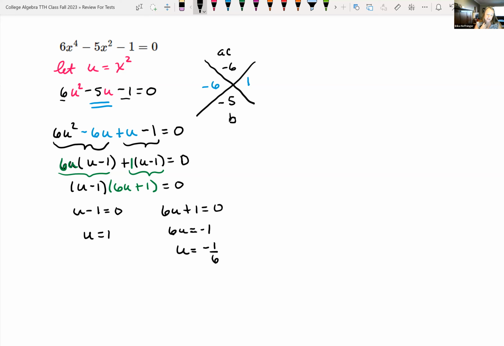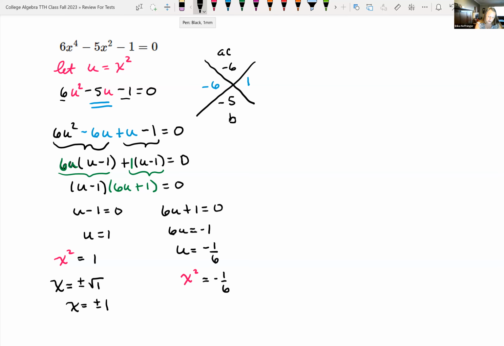But again, we want to know what x is and not u. And so we have x squared is equal to 1. And we have x squared is equal to -1/6. So taking the square root of both sides, we get x is equal to plus or minus the square root of 1, or x is equal to plus or minus 1.